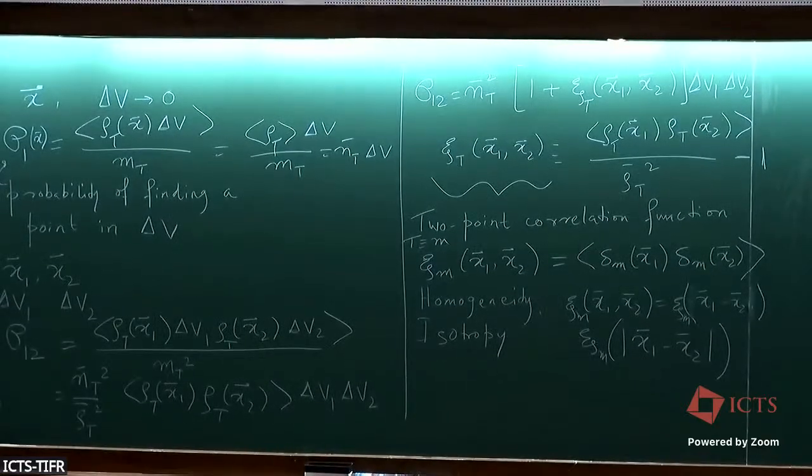Suppose you are sitting on top of a galaxy: what is the probability of finding galaxies at some distance from you? That probability will change. Naively, if you go far enough, it will merge with the cosmological average and it won't matter. But if you are close enough, maybe something is happening.